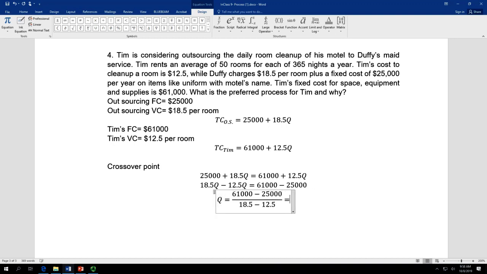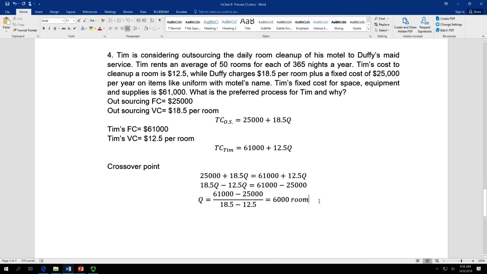All right, so our result is 6,000 room units. The crossover point you found, right?